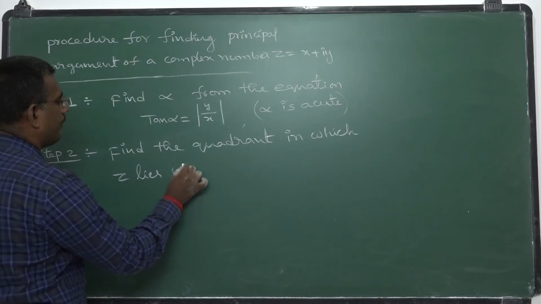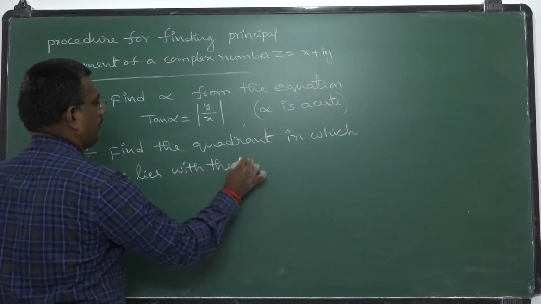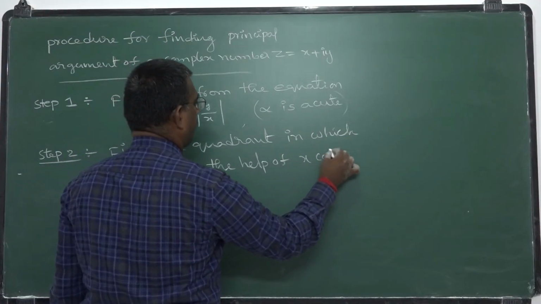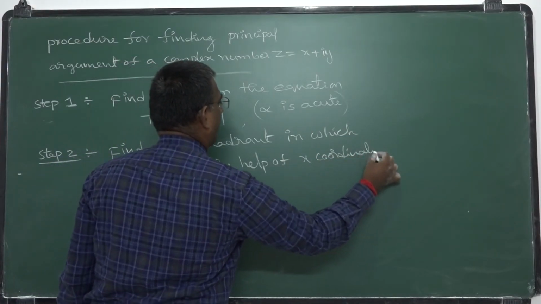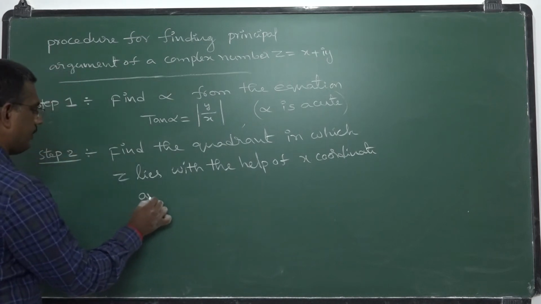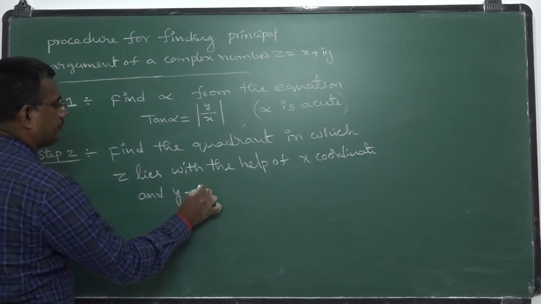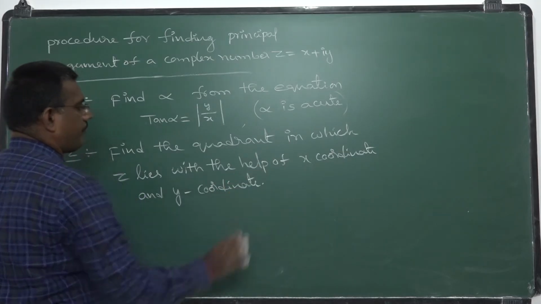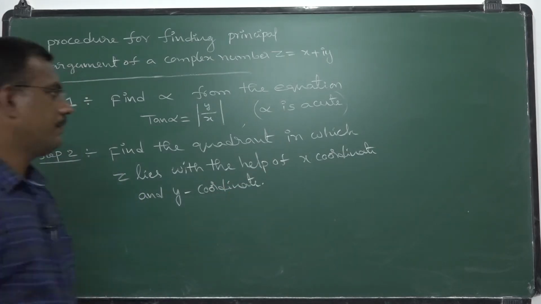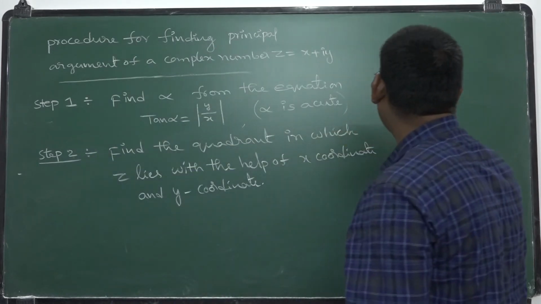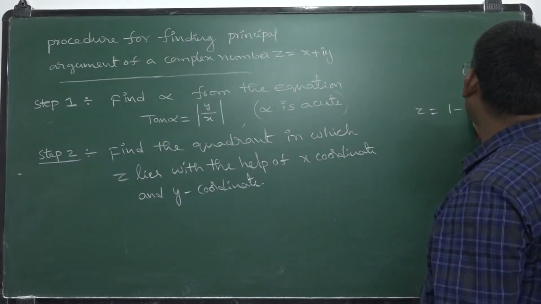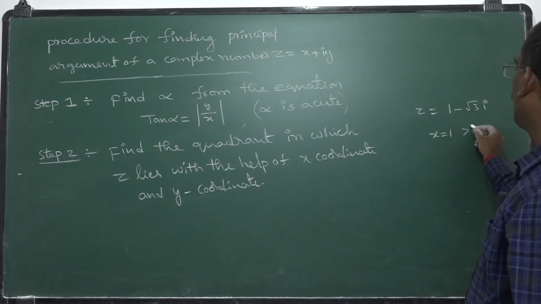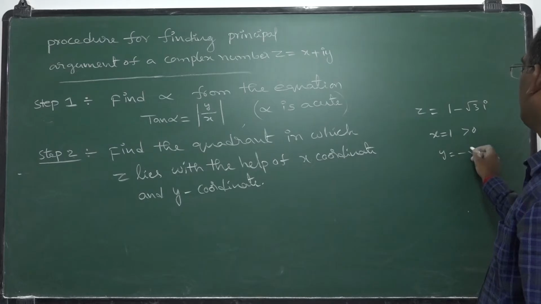Suppose z is equal to 1 minus root 3 i. Here x equal to 1 positive, y equal to minus root 3 negative.